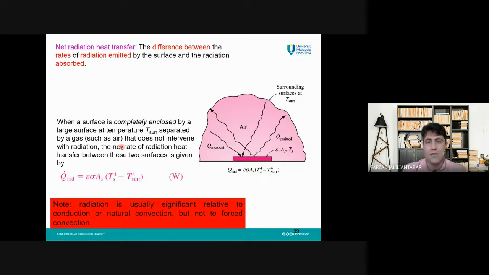And we assume that the air which forms the surrounding surface, or even some kind of liquid, the body of the air or body of the liquid, does not interfere in the heat transfer by radiation. So by these assumptions, we can use this equation, as I said.